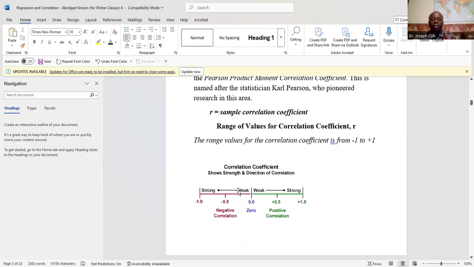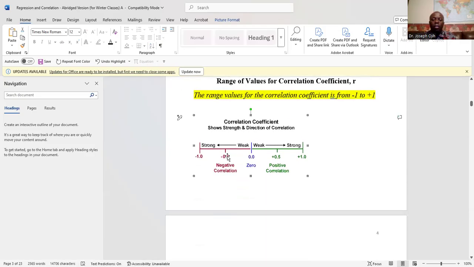It can take different values that range from -1 to +1, as you can see from the chart here. -1 means negative correlation, when two things go against each other. For example, high speed, less time of arrival.